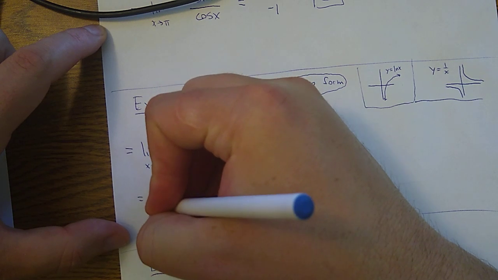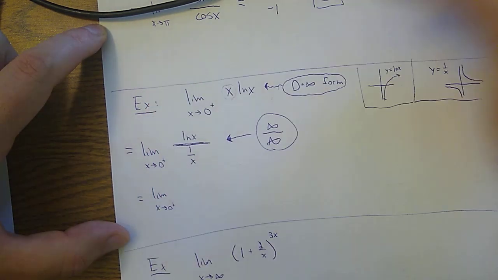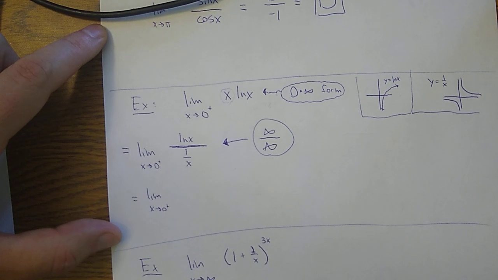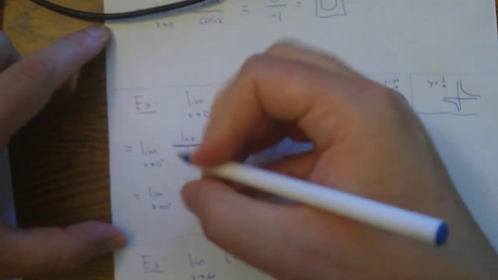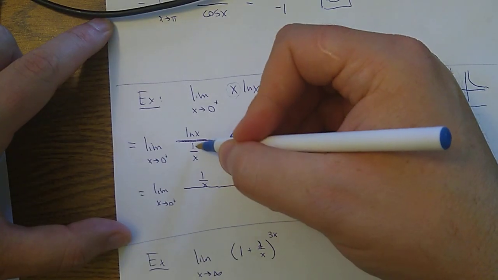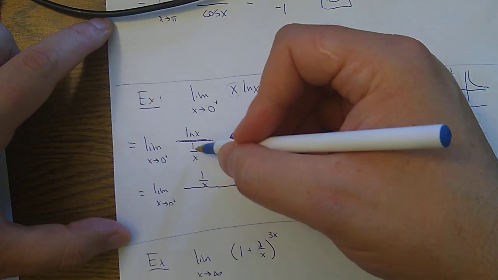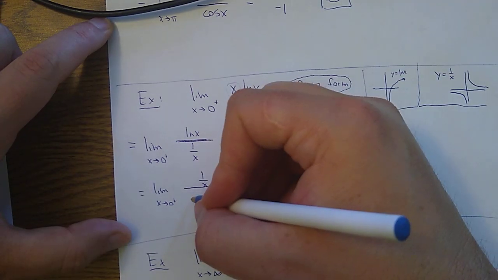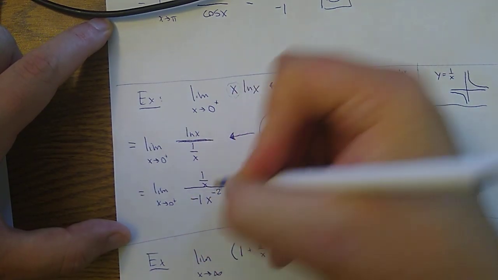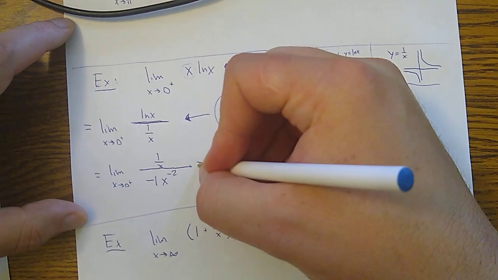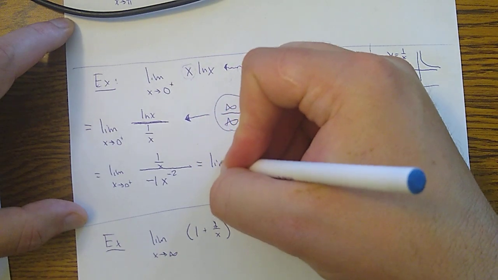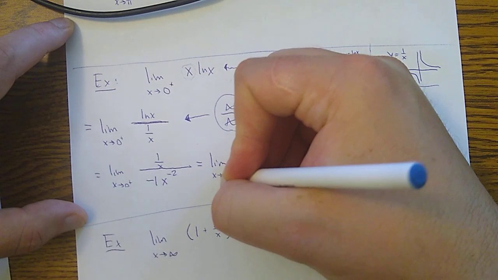So I write the same limit. I'm going to do the derivative of the top. The derivative of natural log x is 1 over x. The bottom is like x to the minus 1, so its derivative is negative 1, x to the minus 2. Now let me clean this up just a little.